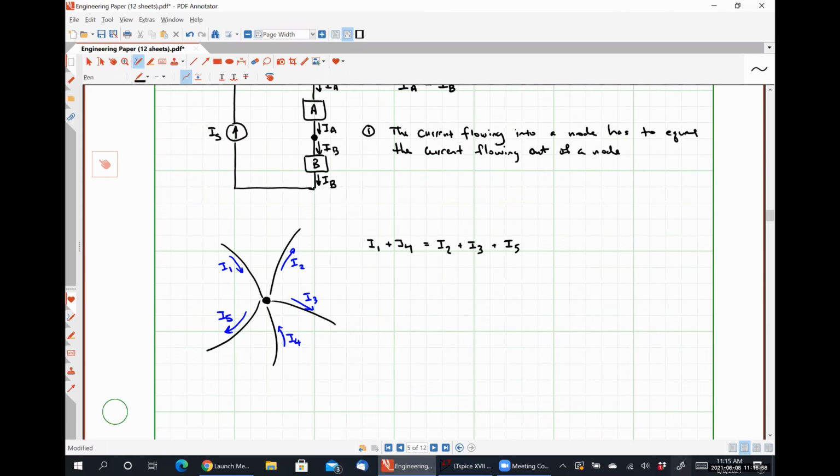No, sir. All right. A second way to look at Kirchhoff's current law is to treat all of the current as flowing into the node.